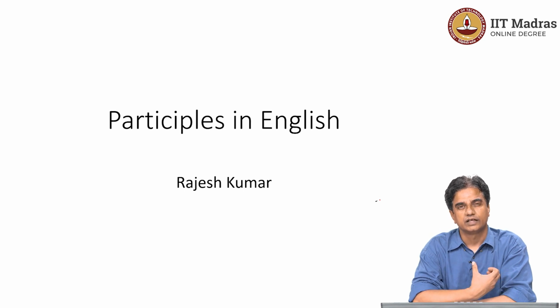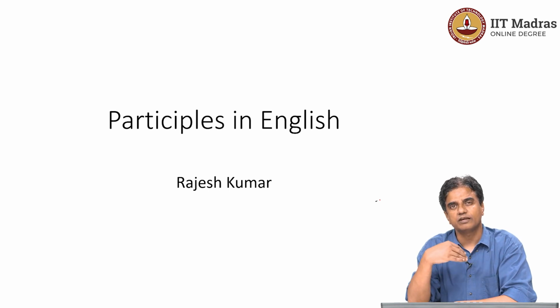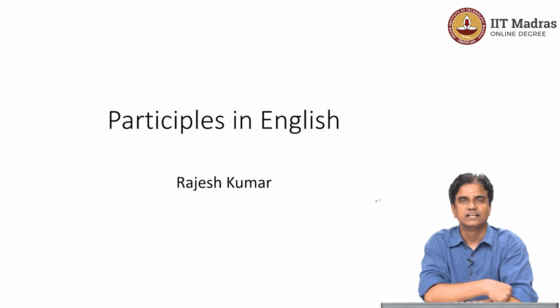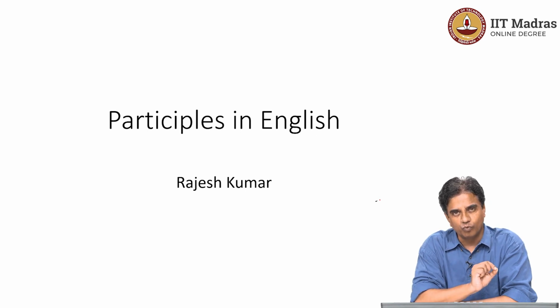Then we have certain aspects in lexical categories, then we have functional categories, and we know several parts of a sentence. In order to move further, to understand more details about the elements in a sentence, it is nice and important to know participle constructions.